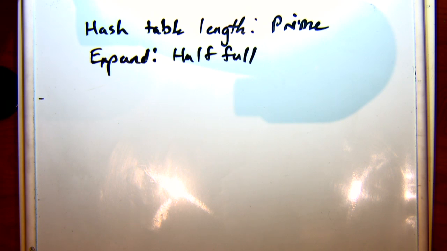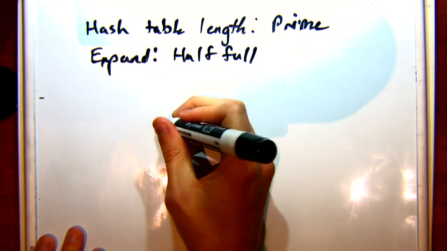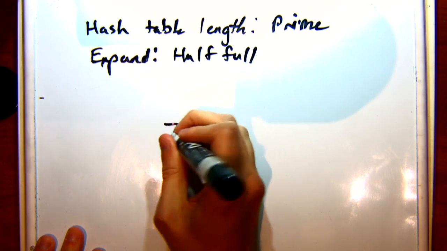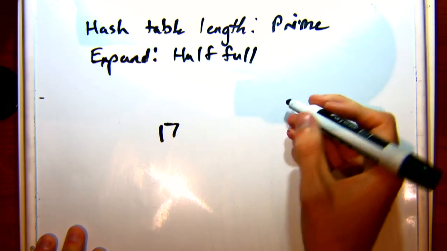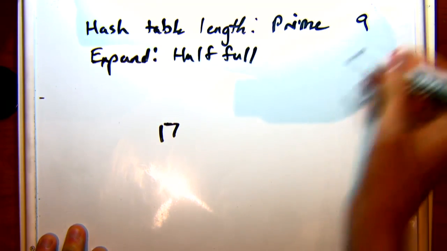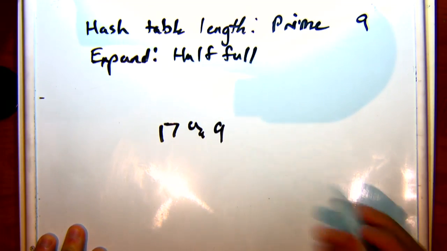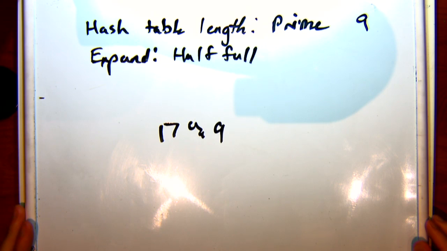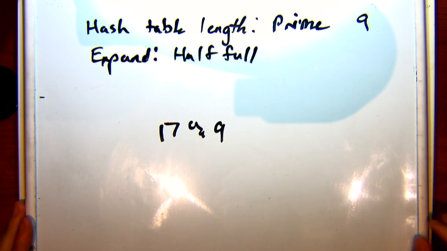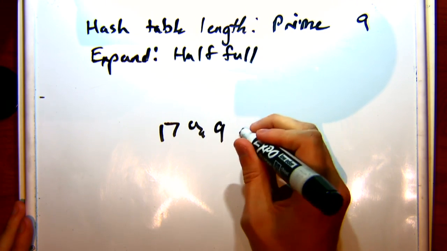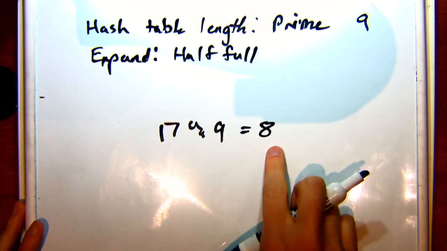Let's say our hash key was 17, and we modded by the table length. Let's say our table length is 9, so we modded by 9. We got a remainder of 8, so this goes in index 8.